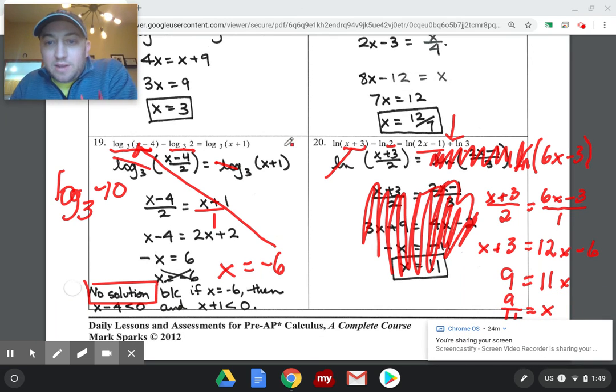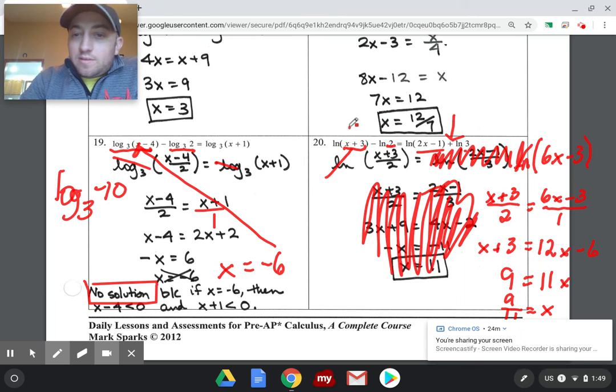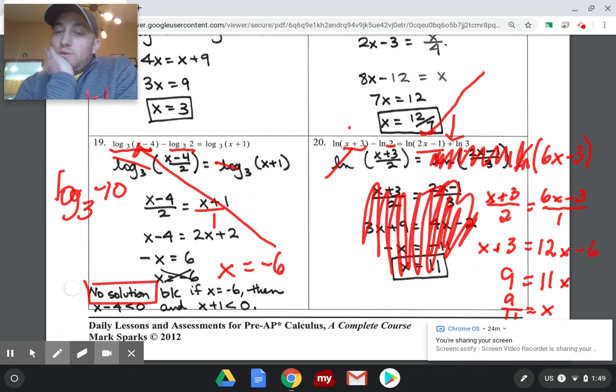So if I plug 9 over 11 in on both sides, let's see, 9 over 11 right there, plus 3, that's a positive, so that's good. If I plug in 9 over 11 right here, 2 times 9 over 11 is 18 over 11. Minus 1 would still be positive, so we're good.